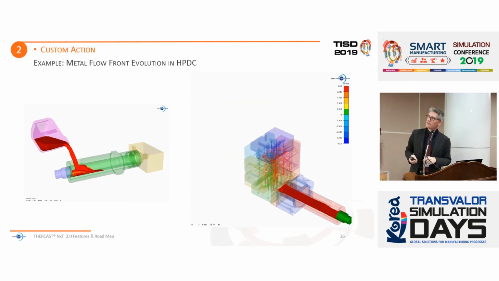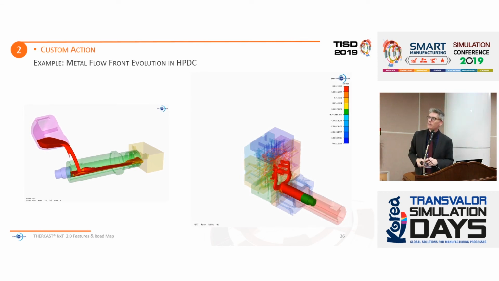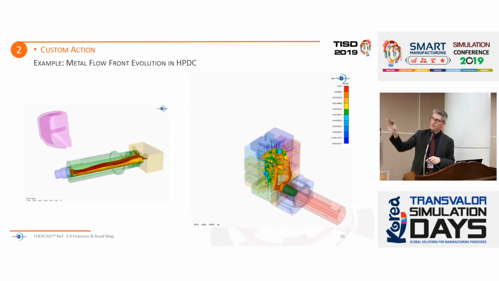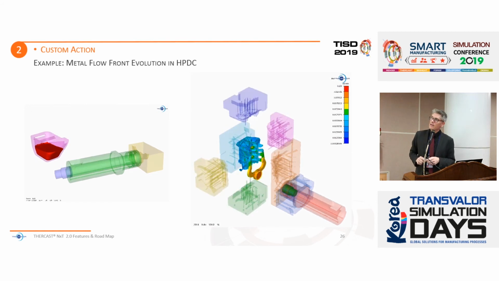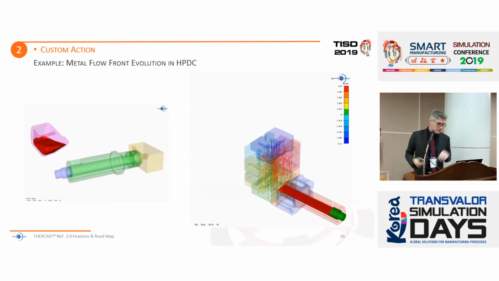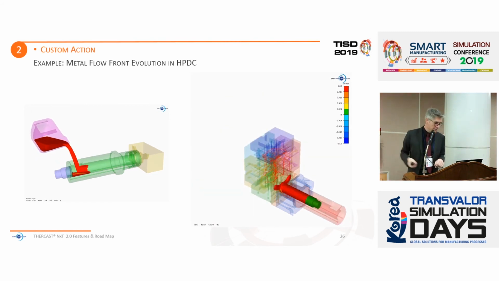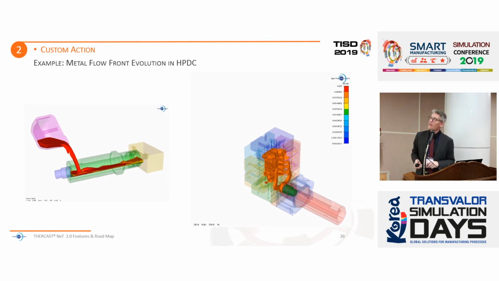Then the second and third step of the HPDC, so we have the compaction steps, and then the ejection once this engine part is solidified, we can eject. So this is very easy to do now with this new action.